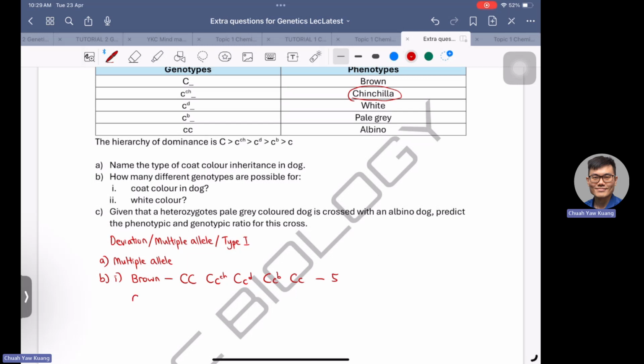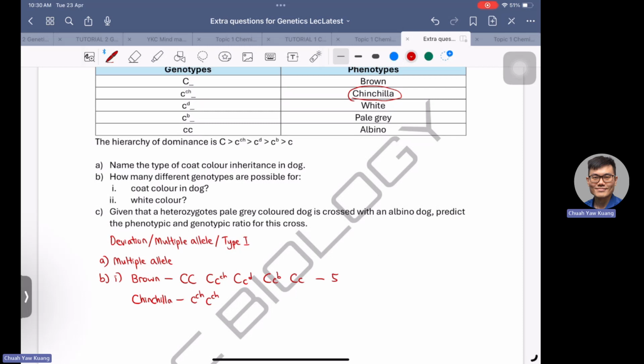Next we look at the second one, chinchilla. For chinchilla, it cannot pair with the big C, because if it pairs with the big C, it will be brown. But chinchilla can pair with those at the bottom of the hierarchy: it can pair with cd, cb, and c. If cch pairs with itself, this is one type of genotype to get chinchilla.